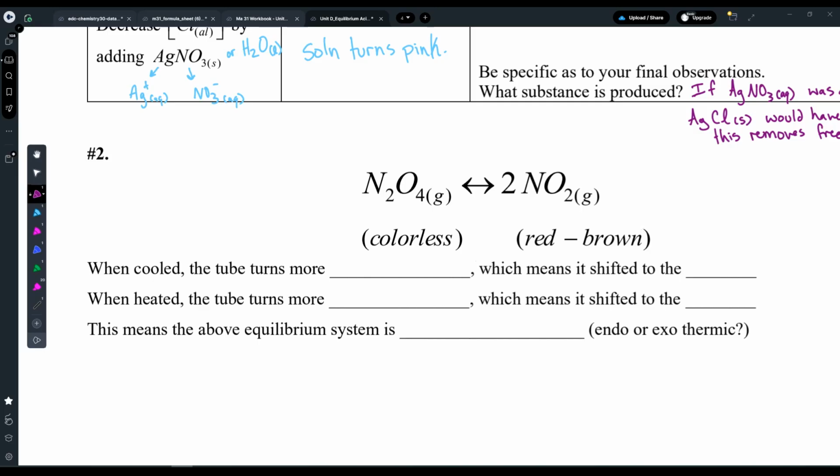But please keep in mind that how the video has the equilibrium written out is going to be backwards to how we've written it out. So just keep that in mind. We are going to base our answers on how the equilibrium is written out in the notes, but just be aware of that.